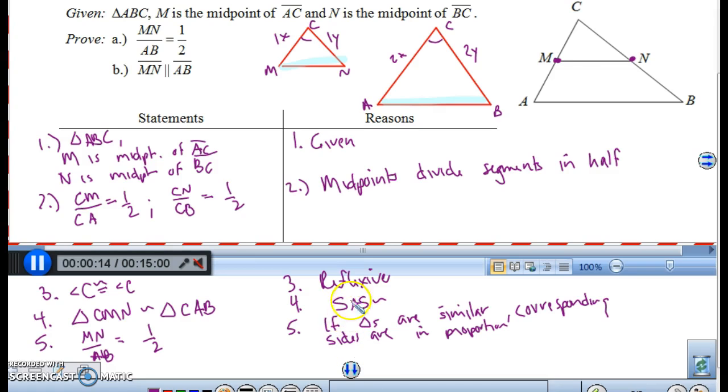Now, we also want to prove that MN is parallel to AB. Well, what proves that lines are parallel? Well, angles do. We have alternate interior, corresponding, and interior angles at the same side of the transversal. All right, so looking at this, well, isn't CMN right here and CAB, aren't those corresponding angles? Yeah, they are. Are they congruent? Yeah, they are. Because what happens when triangles are similar?